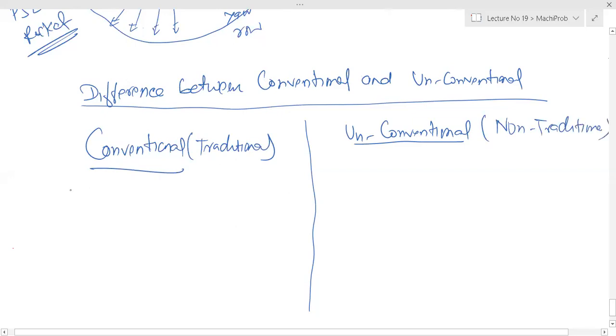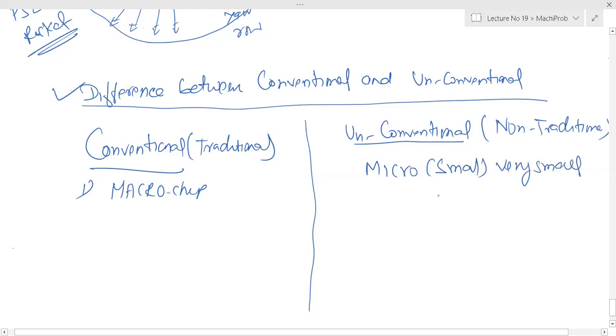The first difference you have to understand is the chip. That is a macro chip, and this is micro, meaning a very small chip will be formed.